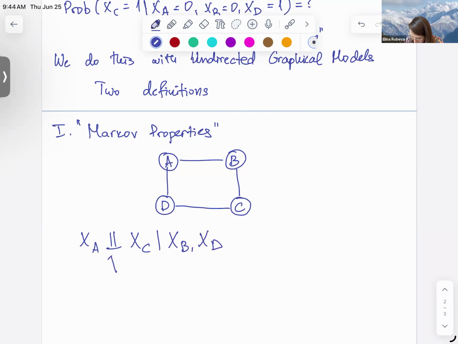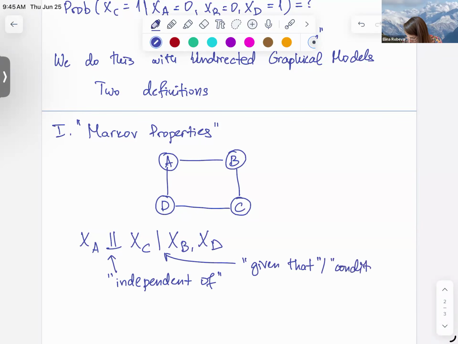So this here is independent of, perhaps you all know this, I'm not exactly sure. And this is again given that, or conditioned on. So I'm not going to define conditional probabilities and independence right now, but you can just think about intuitively what it means, and maybe you already know. That's great.